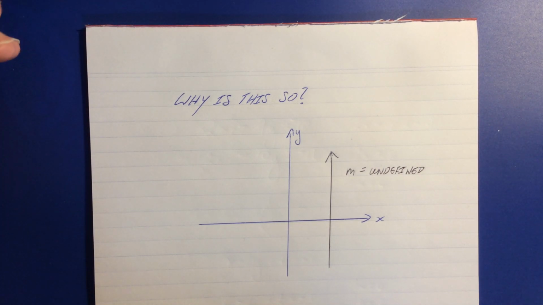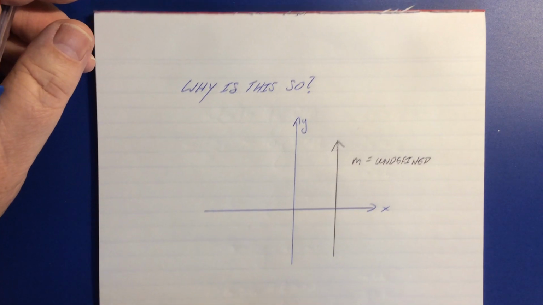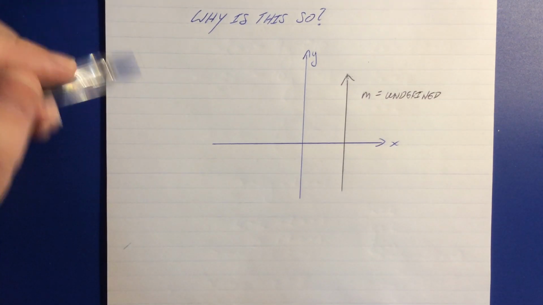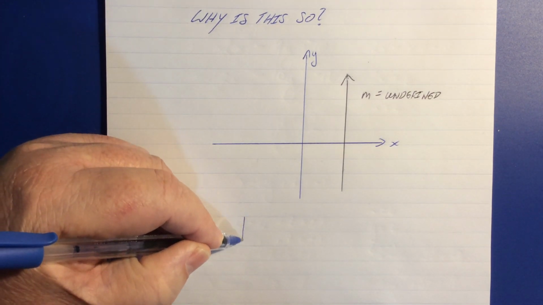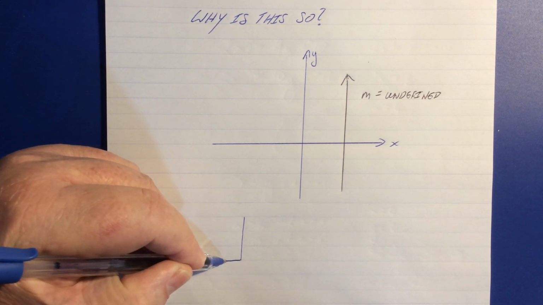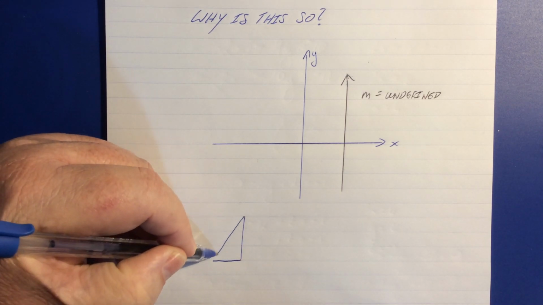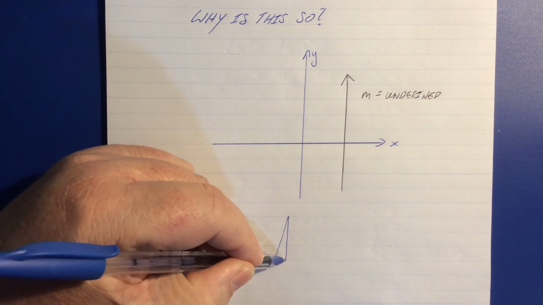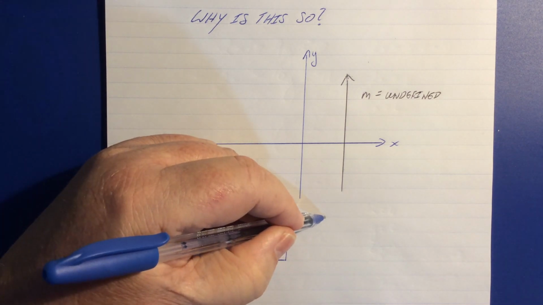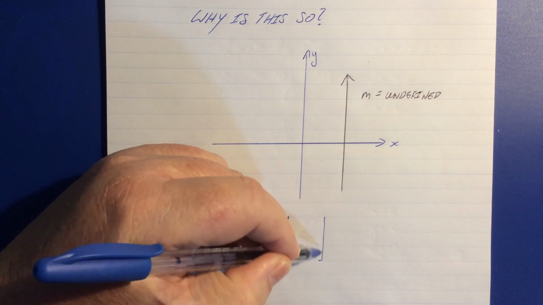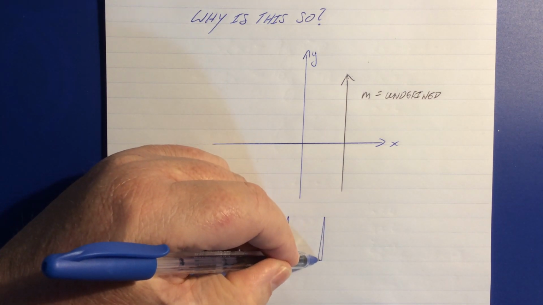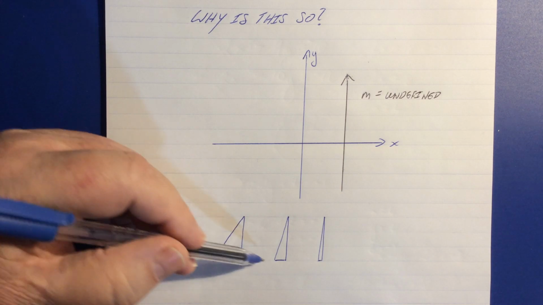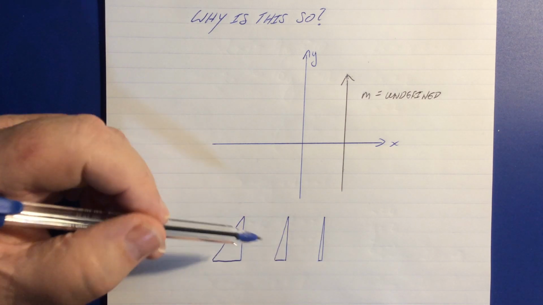The easiest way is to draw some triangles, actually. And we're going to use these triangles to illustrate a point. Now you'll see that they have increasingly small bases.